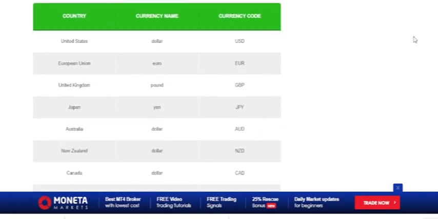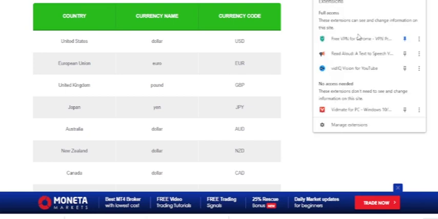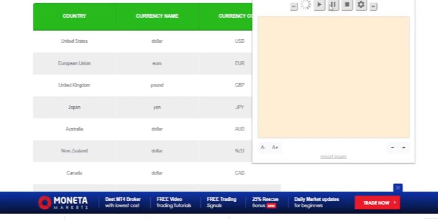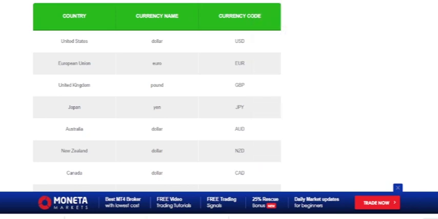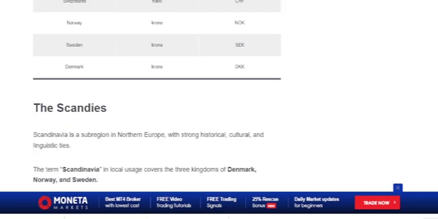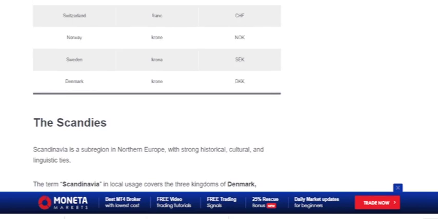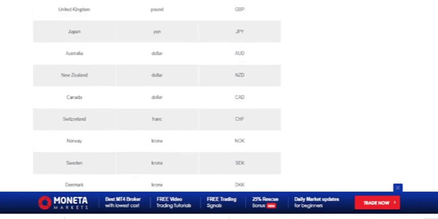So, guys, country, currency name, currency code. These are the G10: United States dollar, USD. European Union, euro, EUR. We have the pound, the yen, the dollar, the Aussie, the krone, then the francs, yes, the Canadian dollar.